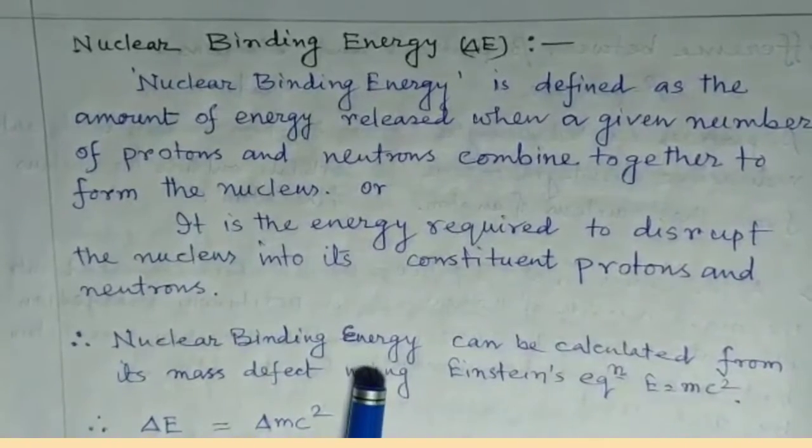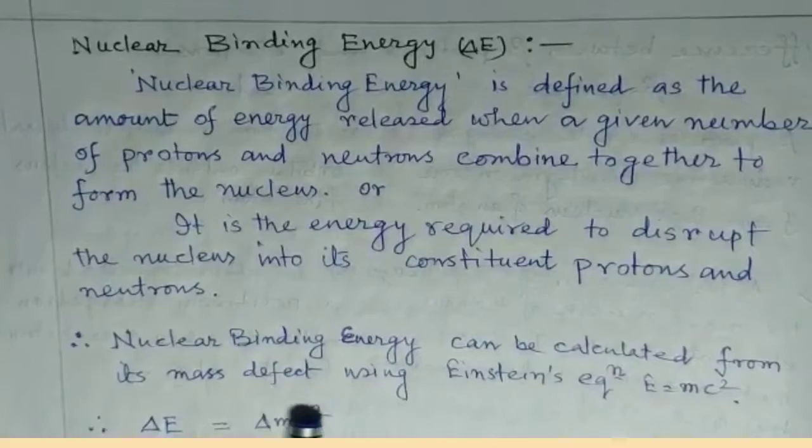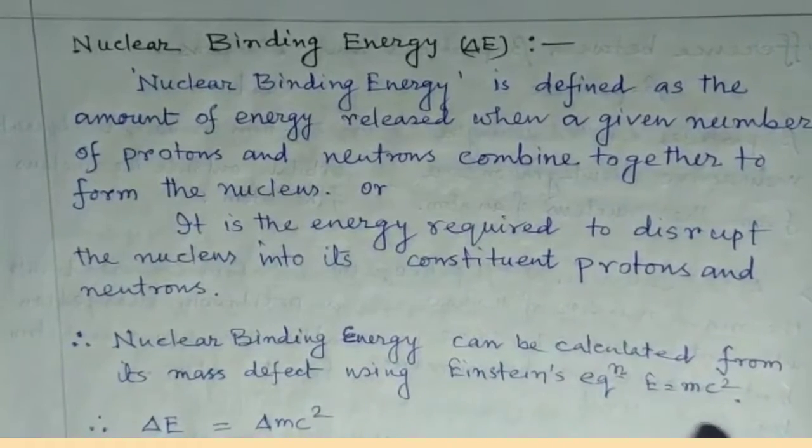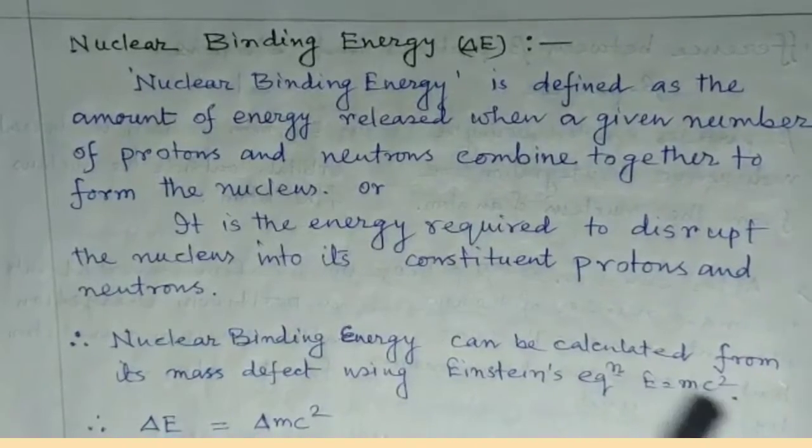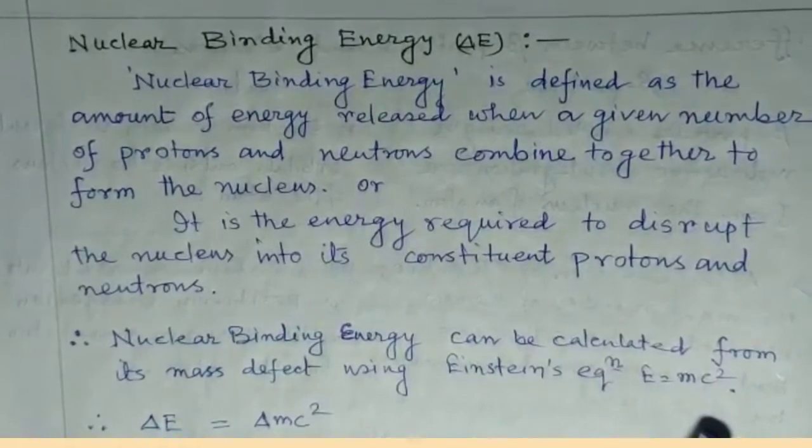Nuclear binding energy can be calculated from its mass defect using Einstein's equation E equals mc square, where m is the mass defect and c is the velocity of light in vacuum.